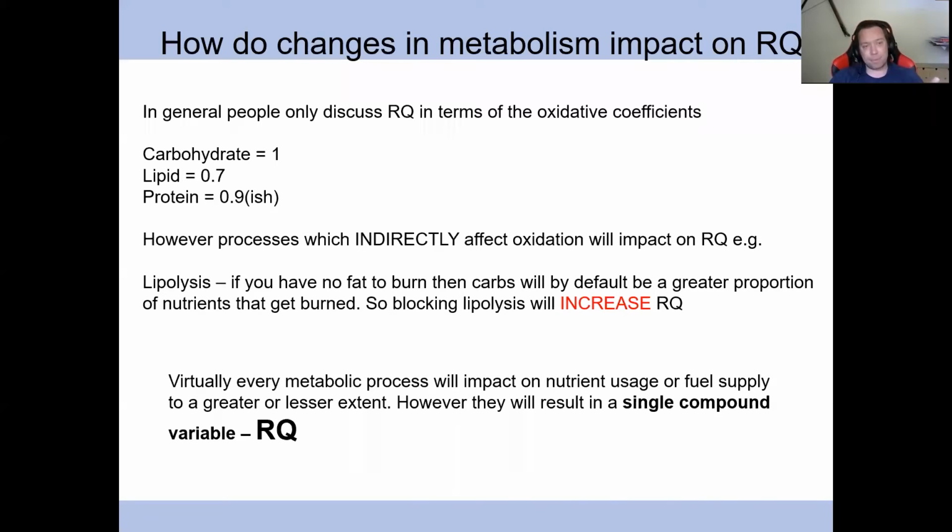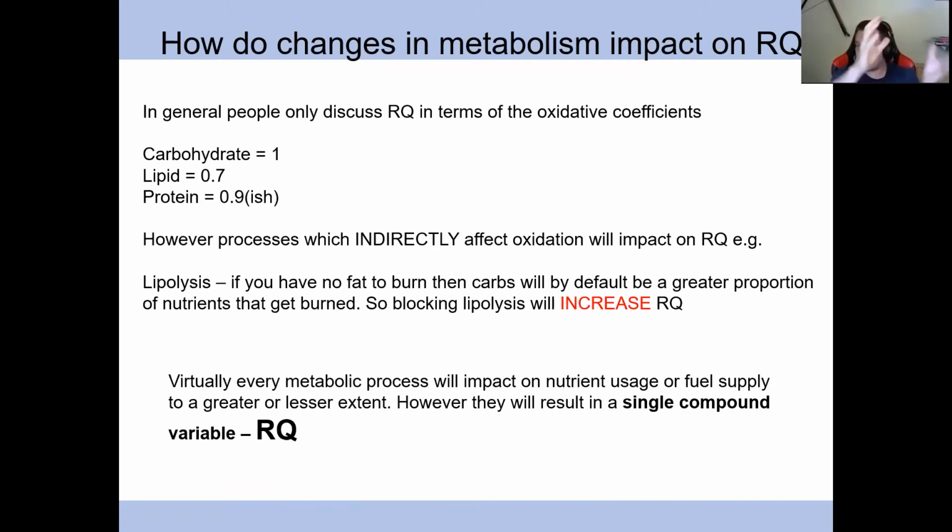So for example, lipolysis, the process of breaking down triglyceride to release fatty acids: if we inhibit that, we will most likely impact on respiratory quotient, because if we have no fat available to burn because we've prevented lipolysis, then by default, carbs will be a greater proportion.